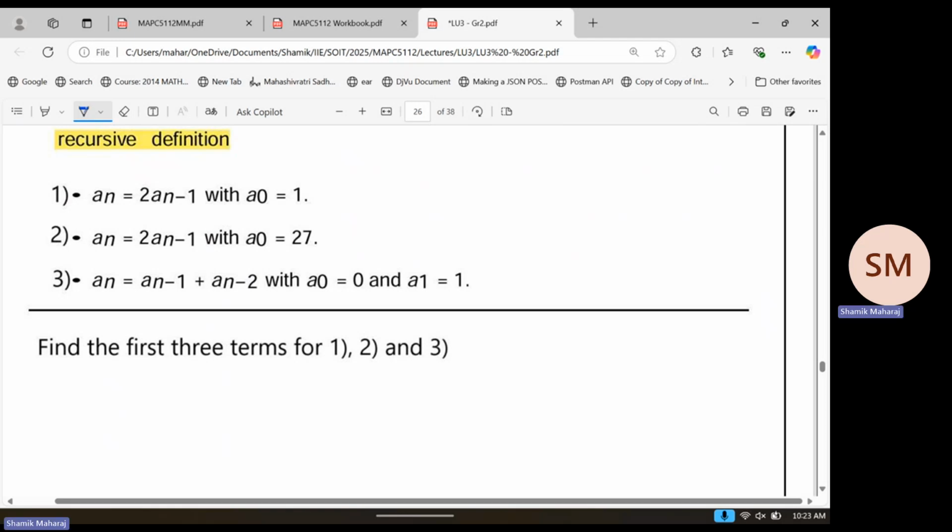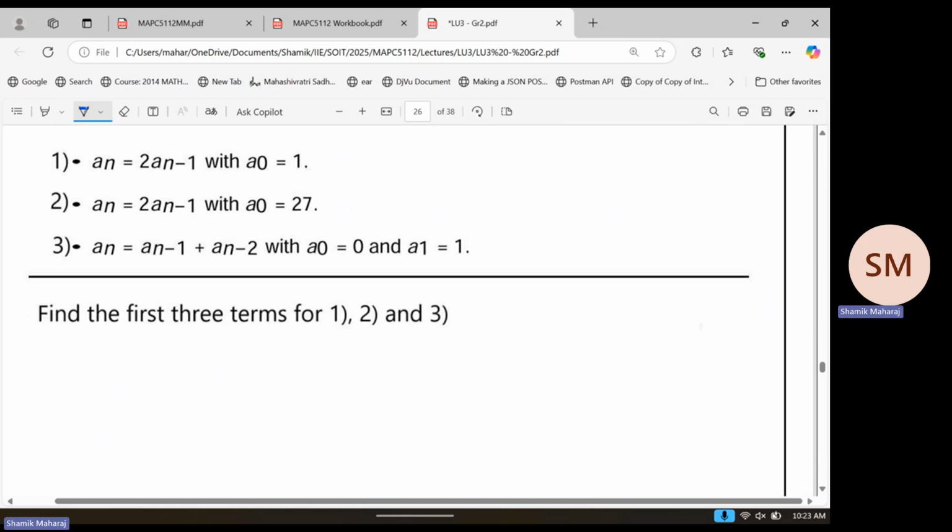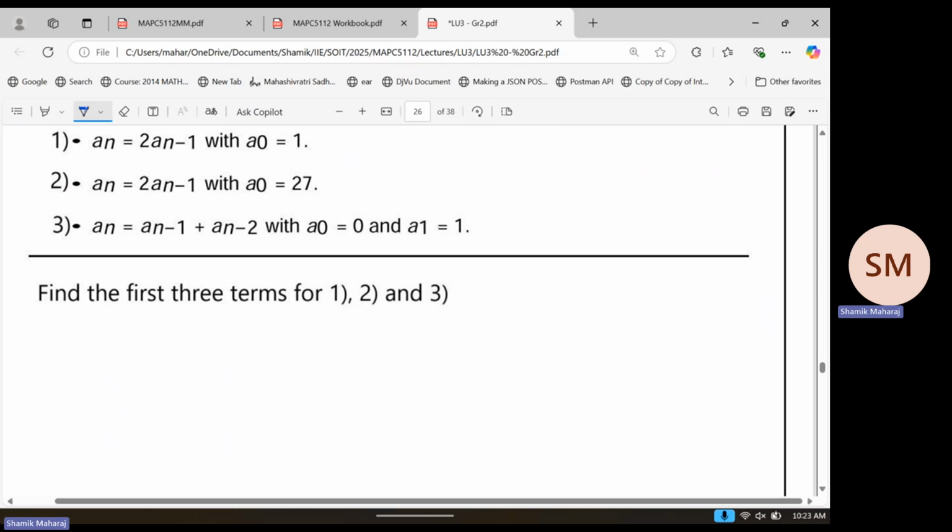And here are some examples which are not written out very nicely. So I'm going to rewrite number 1 here at the bottom. It's A subscript n is equal to 2 times A subscript n minus 1, and there's an initial condition here given: A index 0 is equal to 1.